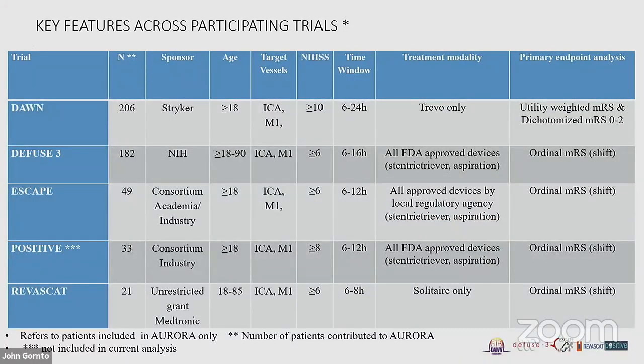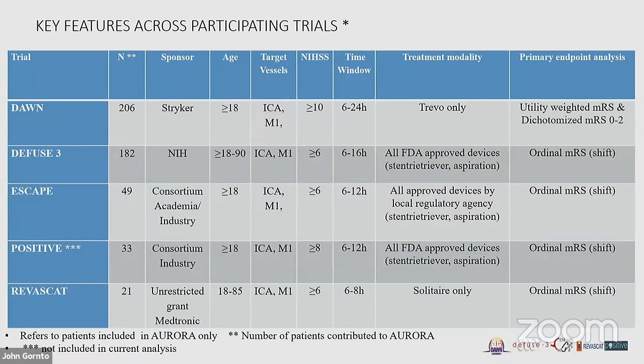So just going through these studies real quick. DAWN, as you may know, included 206 patients before it was stopped. Basically, it did require very strict imaging criteria, included patients from 6 to 24 hours. Diffuse 3, 182 patients also had imaging criteria and target mismatch.